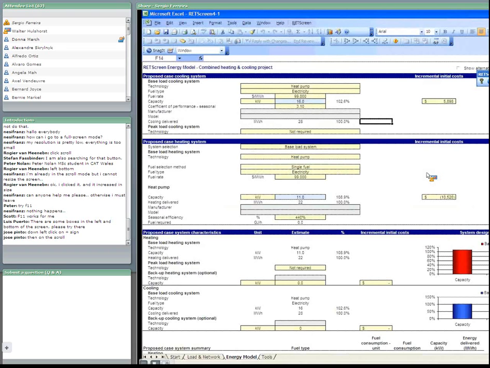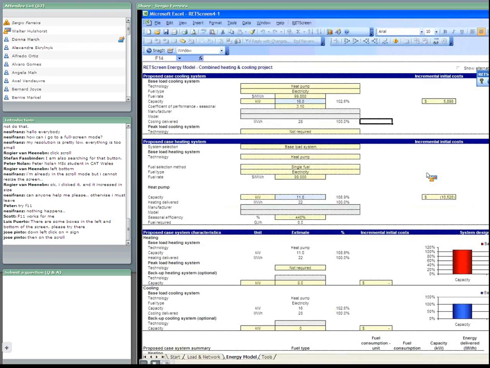So we'll have here another box for the proposed case system characteristics. So it's basically a summary, we have estimated is sufficient to meet our energy, our cooling or heating needs.